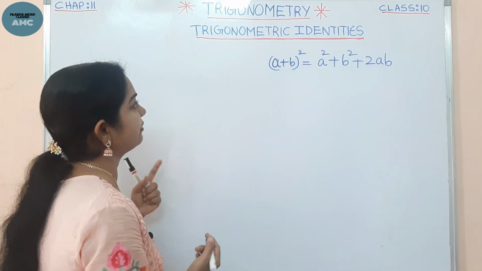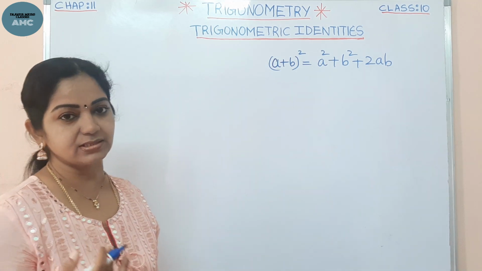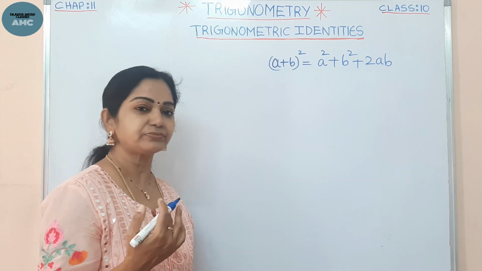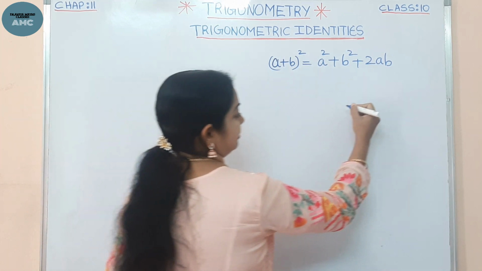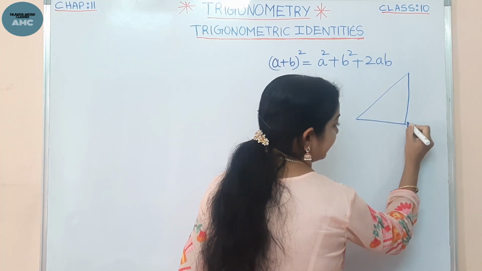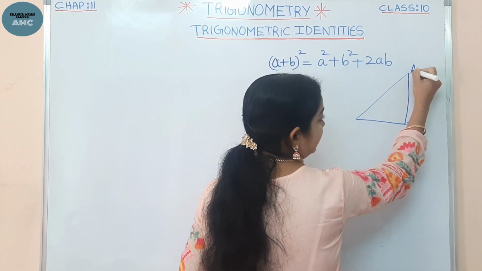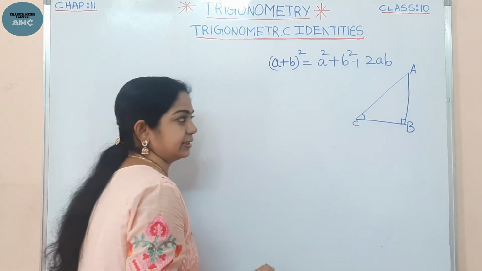Now, let's derive trigonometric identities. As far as the 10th syllabus is concerned, we are going to deal with 3 trigonometric identities. Now, let me take a right angle triangle, right angled at B. Okay, here it is the right angle. Now, this is ABC, a right angle triangle.